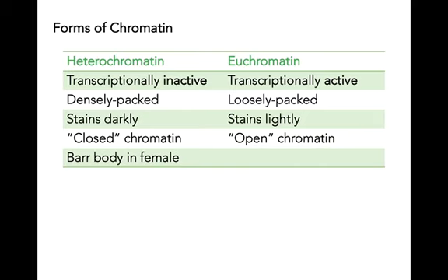That means they are compact, like a puto that is dense and not airy, okay? Since they are densely packed, when you look at them under the electron microscope, or when you stain them using H&E, they usually stain darkly. Because DNA is acidic, it is basophilic, so they will attract the basic stain, the hematoxylin, right?